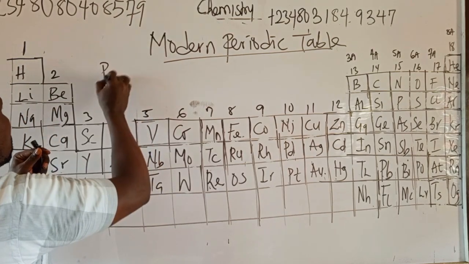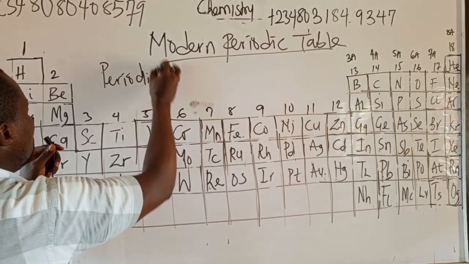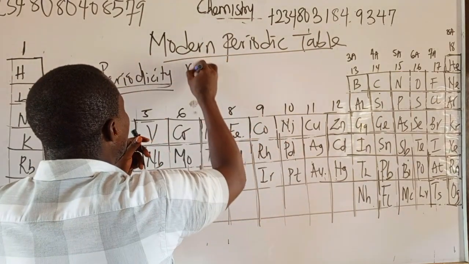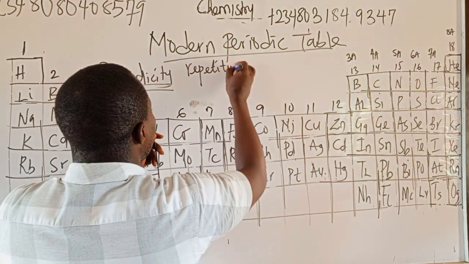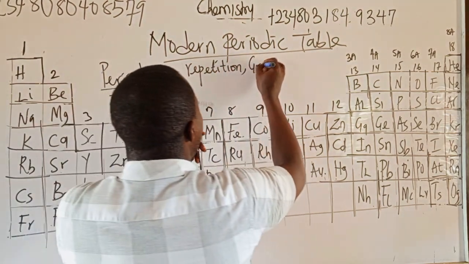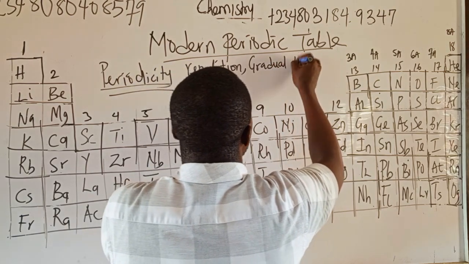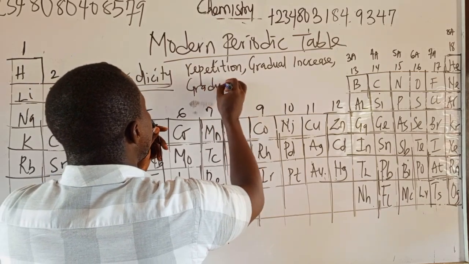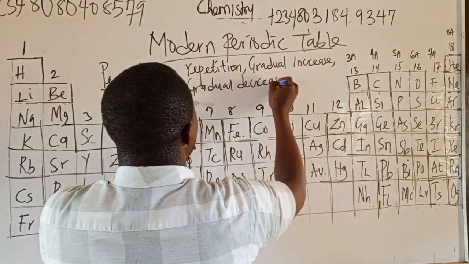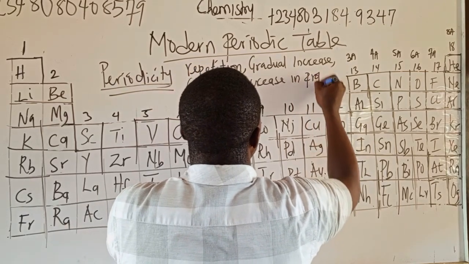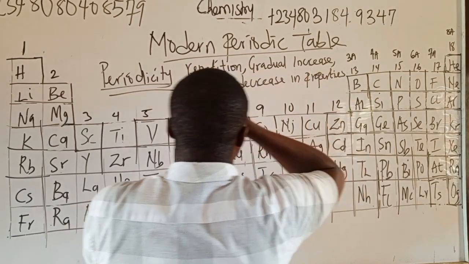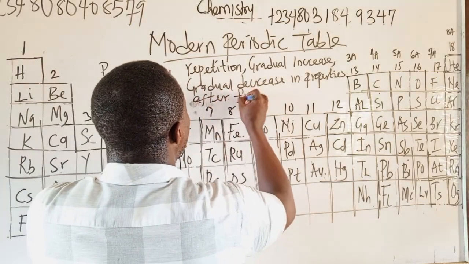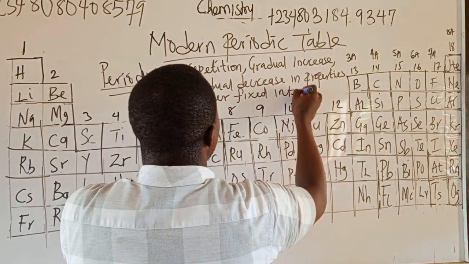What is periodicity? Periodicity is repetition or gradual increase or gradual decrease in properties of elements after a fixed interval.